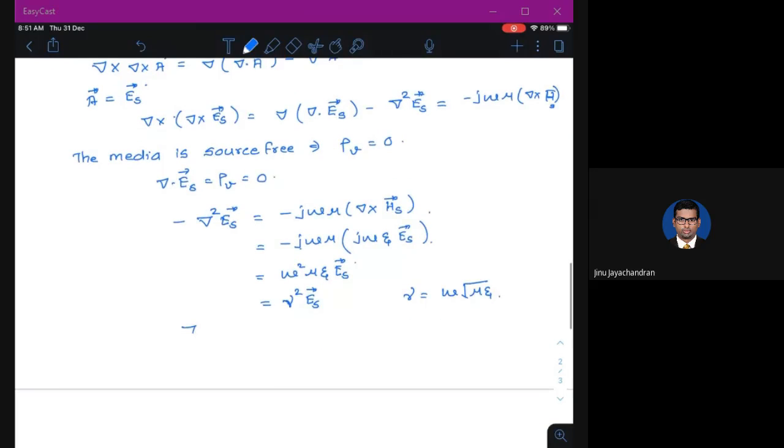So I can write del square Es minus gamma square Es is equal to 0. Okay, so this is one wave equation we have derived in the previous class. Similarly, you can also derive del square Hs minus gamma square Hs is equal to 0.